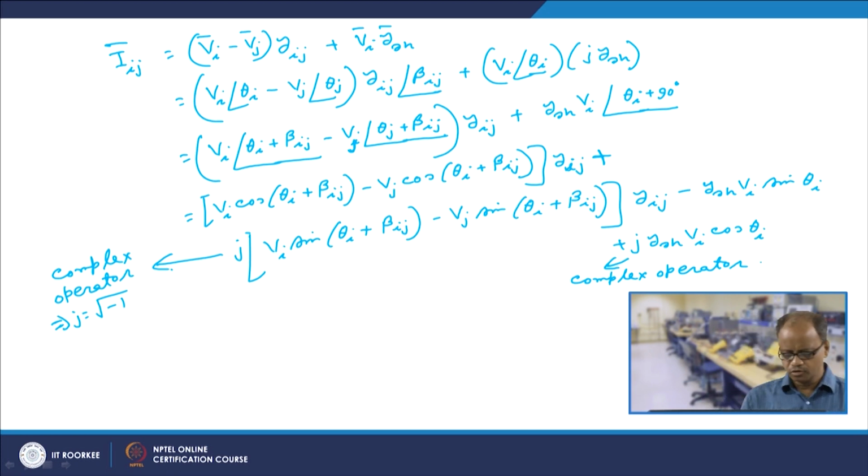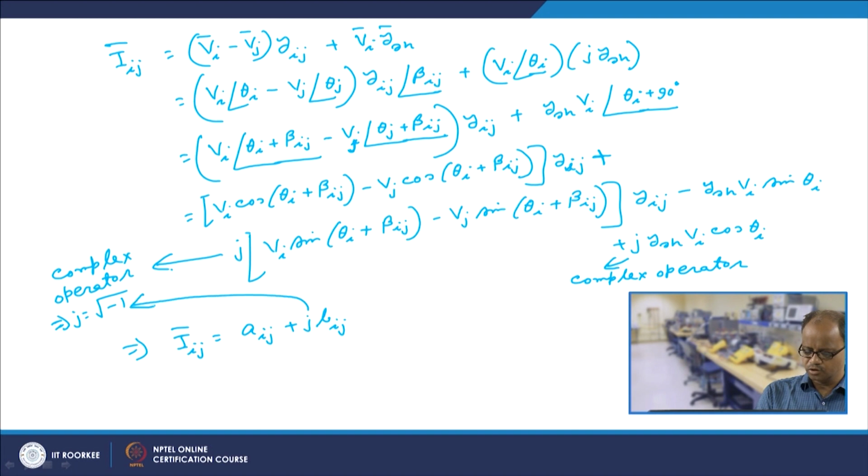So then therefore I can write down that iij is equal to, let's say, a real part Aij plus j Bij. Again I note that this j is the complex operator, and these two j's are the bus index.